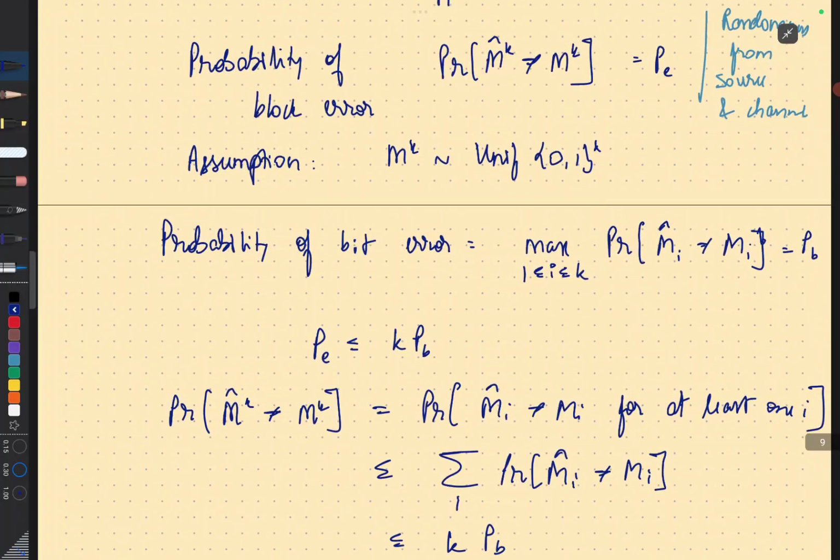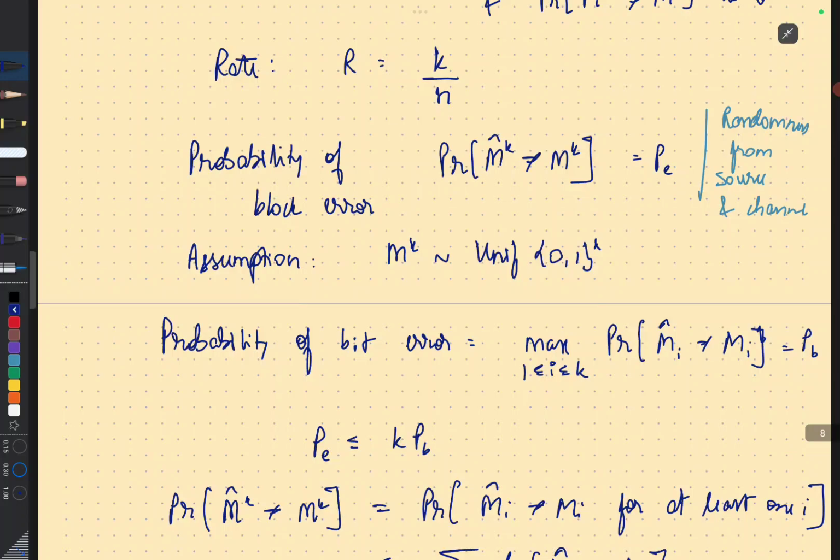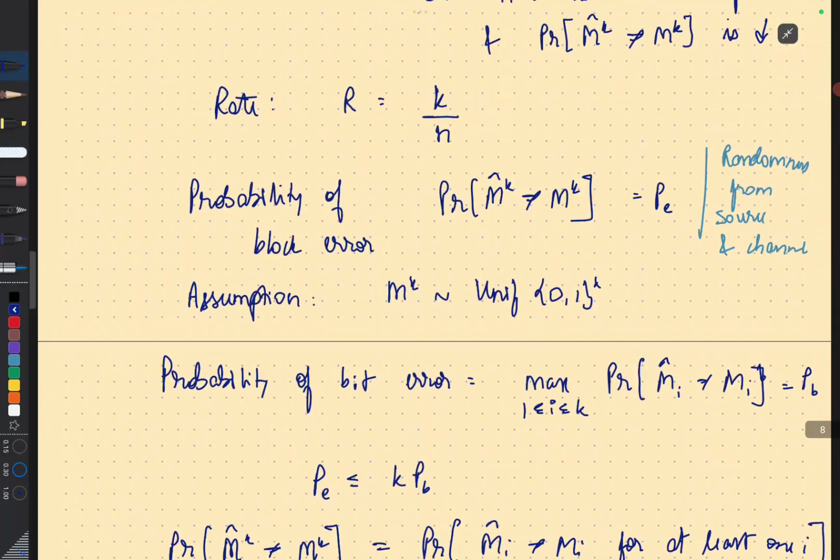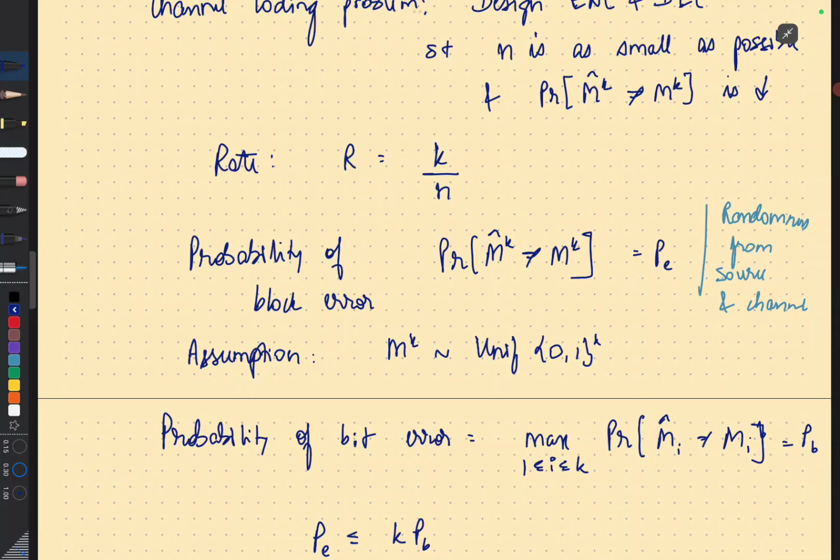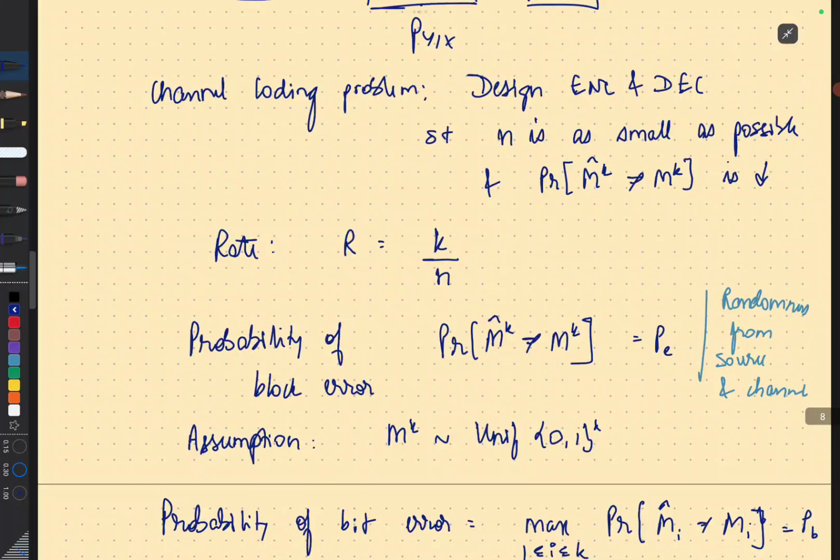But in the end, we'll see that whether you're looking at bit error probability or block error probability, the largest R that you can achieve is the same, effectively, asymptotically.